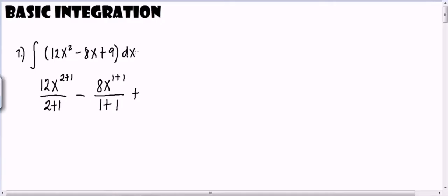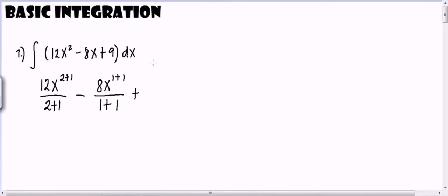Depende kung anong letter yung derivative. Okay? Halimbawa, integral of 19 dx. So, ang magiging sagot nyo ay 19x. Integral of 4 dx. So, ang magiging sagot nyo ay 4x. Okay? So, basically, lalagyan nyo lang siya ng x kapag ka nag-i-integrate kayo ng constant.